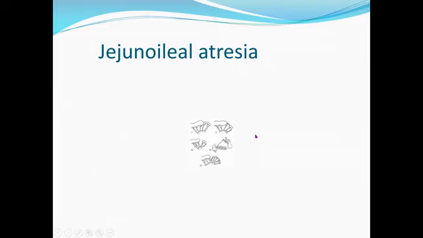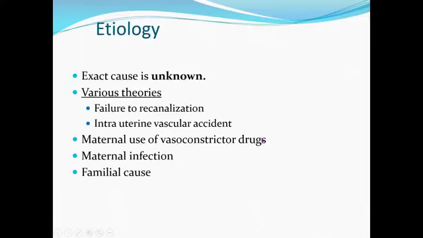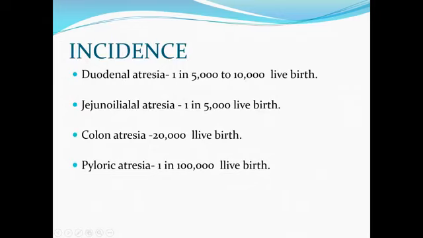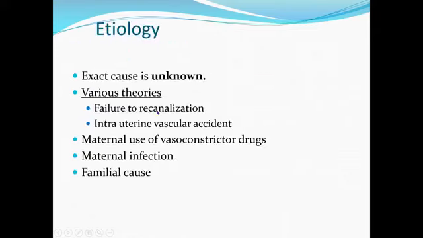Jejunal atresia is also common. Duodenal atresia is also common, as is jejunal atresia. I have shown you the incidence, which is more or less the same for duodenal and jejunal atresia.